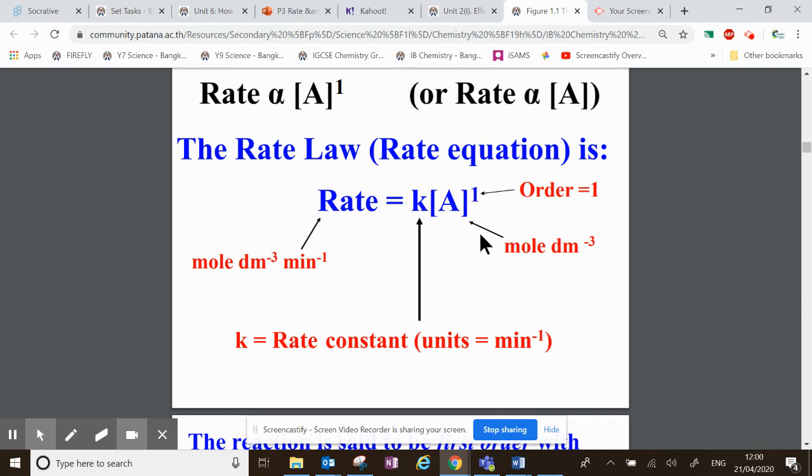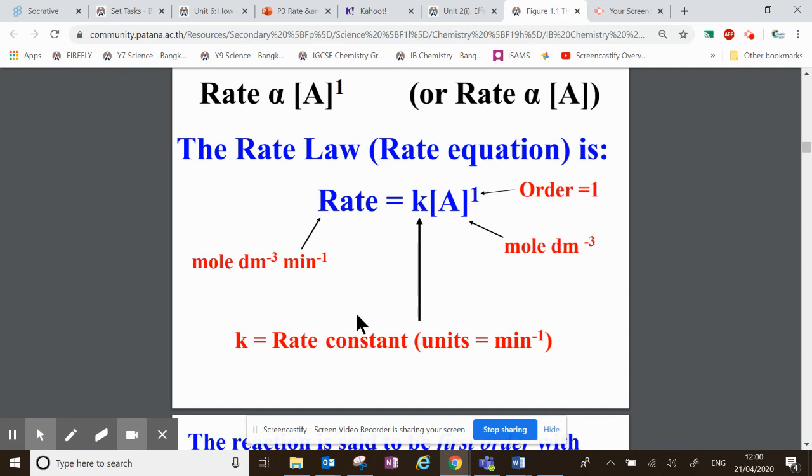But it's helpful to bear in mind that there is this implicit 1 there, because what this is telling us is that the rate of reaction is proportional to the concentration of A to the power of 1. And that's what we call a first order relationship. This reaction is first order with respect to the concentration of reactant A.